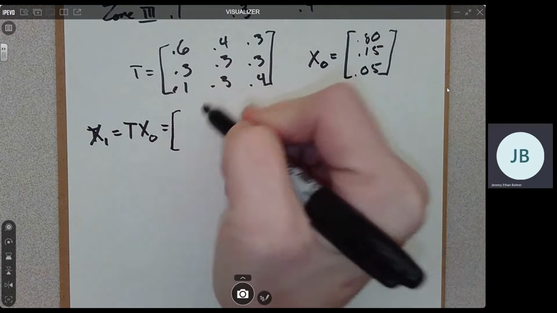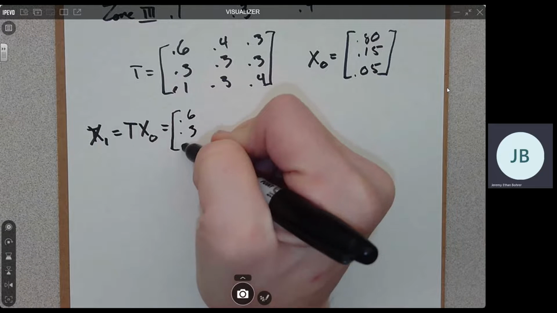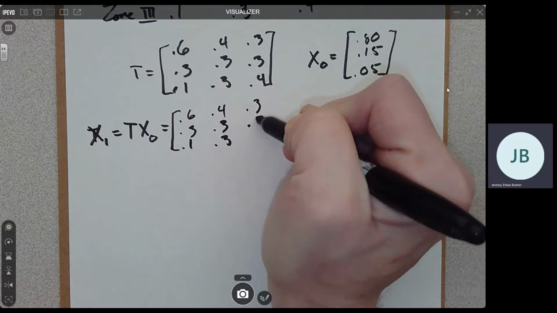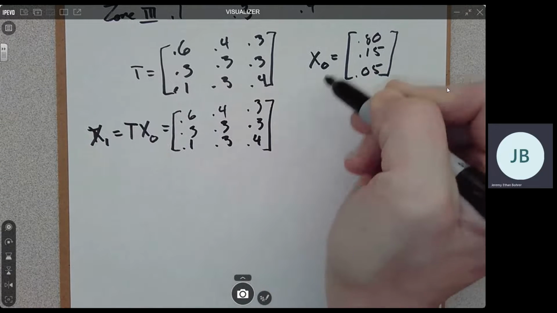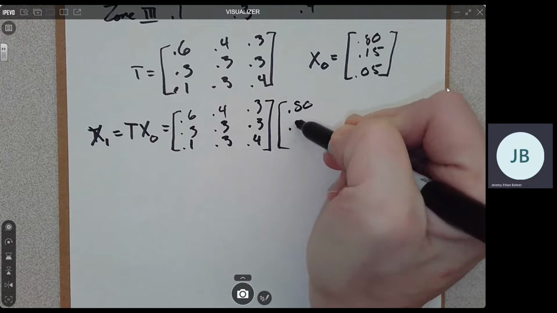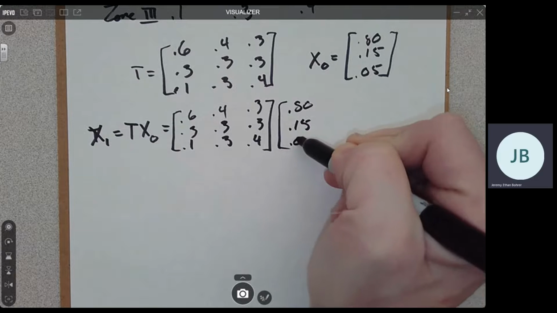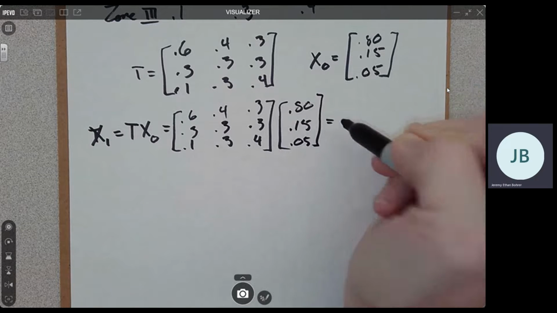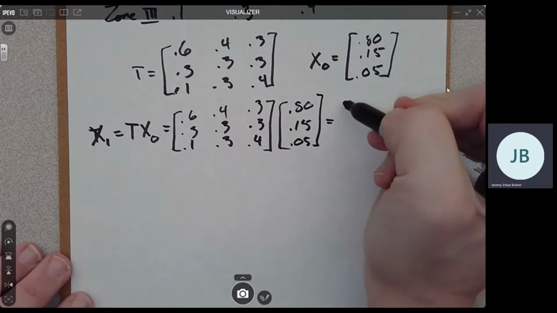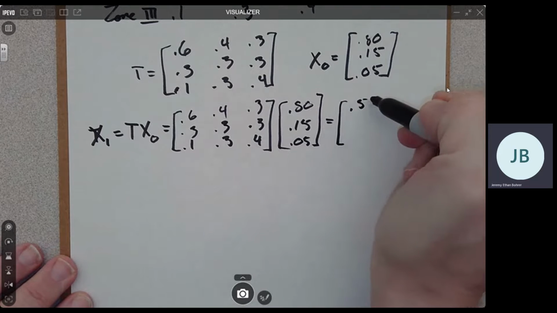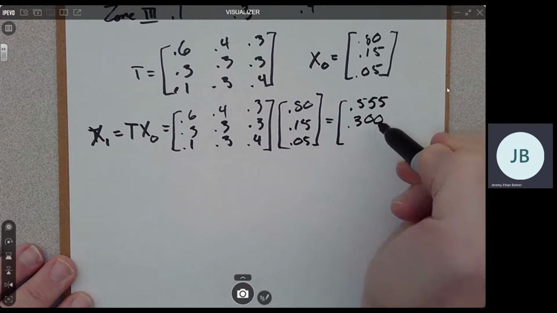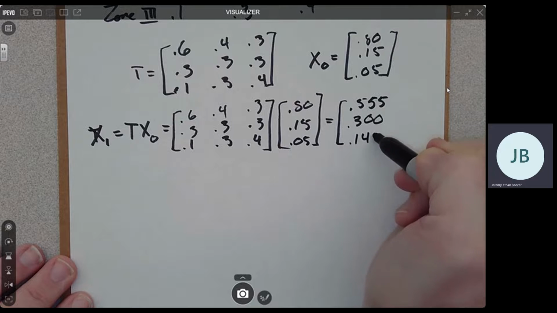Okay, so that's 0.6, 0.3, 0.1, 0.4, 0.3, 0.3, 0.3, 0.3, 0.4 times 0.80, 0.15, 0.05, and matrix multiplication gives us that this is equal to 0.555, 0.300, 0.145.